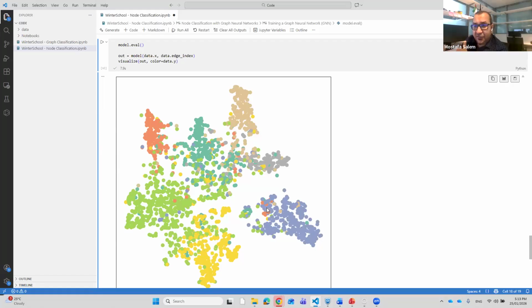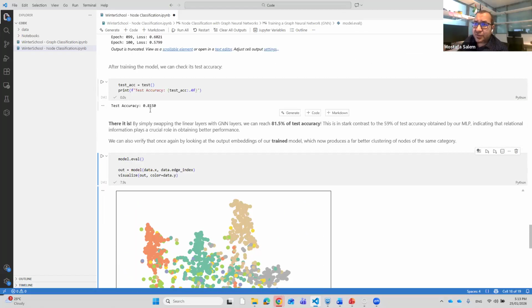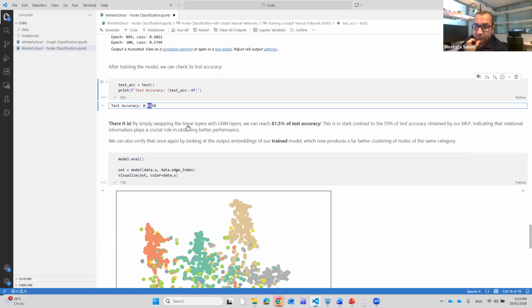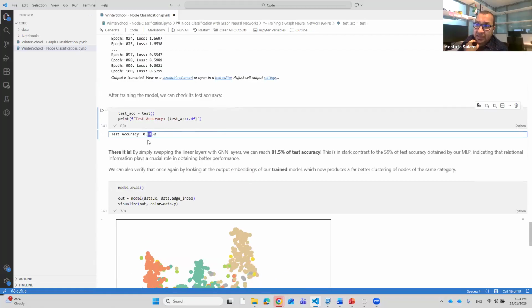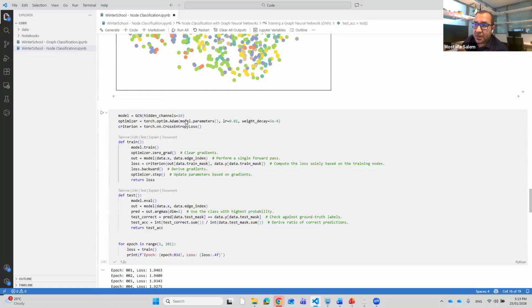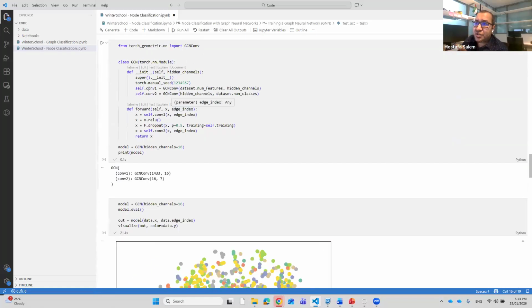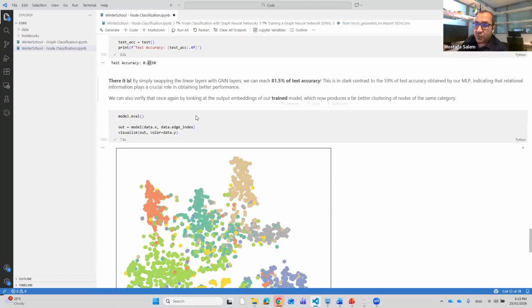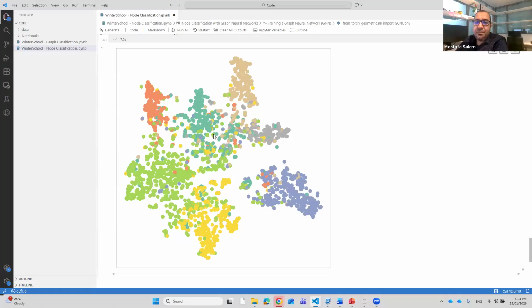In that case, if I do classification or regression, I will get better accuracy, as you can see, like 81%. I can get like 90-something, but this is just a small example. I just passed the graph through just two message passing layers. If I increase the message passing layers, if I increase the model nonlinearity, I will get better separation for the embeddings and also better accuracy.